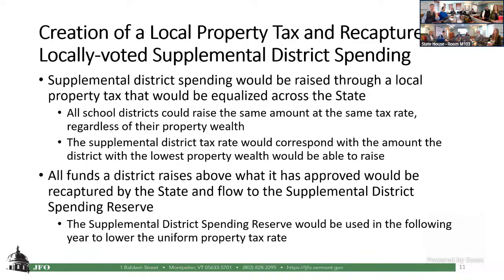And Act 73 directs that the amount in the supplemental district spending reserve is then used in the following year to uniformly lower property tax rates. And again, just conceptually, if every school district had the exact same grand list, there would be no reserve created because everybody would have the exact same capacity.